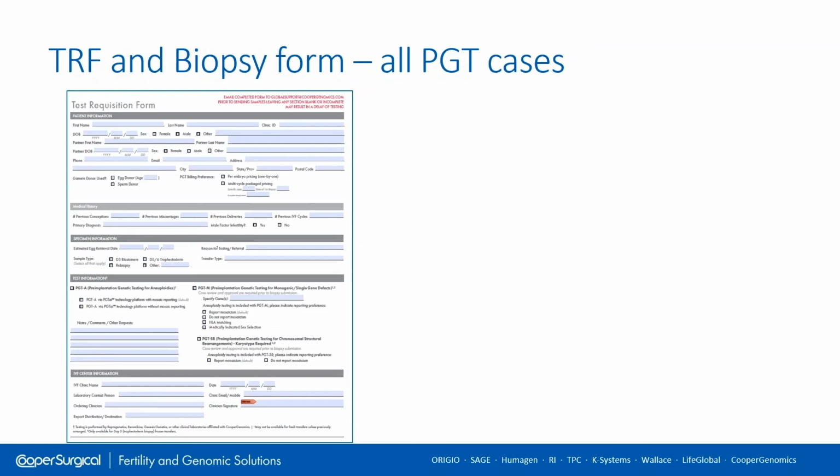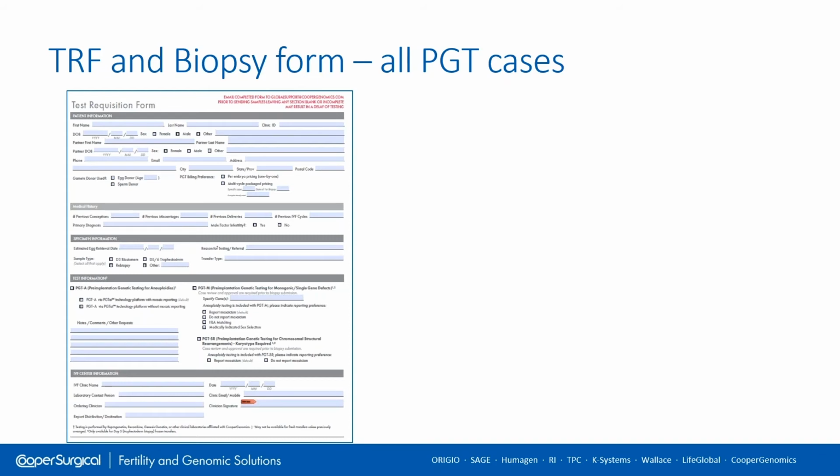Okay. So one of the forms that is required with all PGT cases is the test requisition form. This form we kindly ask customers to send prior to us receiving samples for testing. With the test requisition form, we are capturing basic patient information, patient demographics.